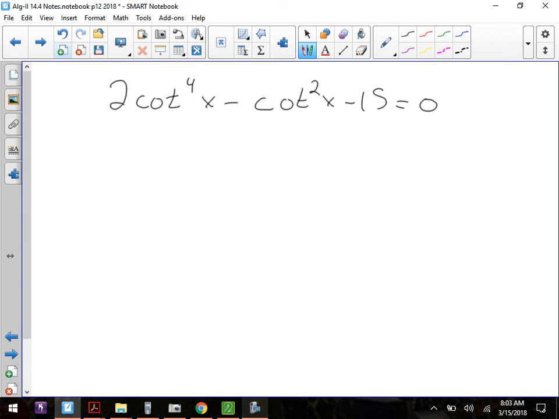So what we like to do sometimes is take the overly complicated looking something and make it look easier. For example, what if I did this? I'm going to let u equal cotangent of x. All right. If I do that, everywhere I see a cotangent, I'm going to put the letter u.